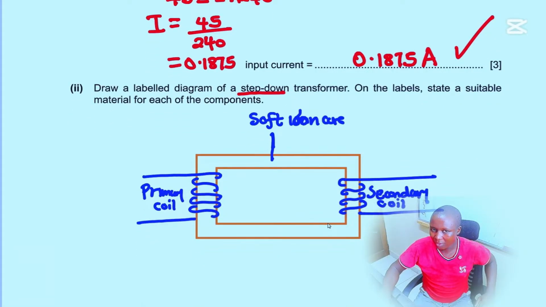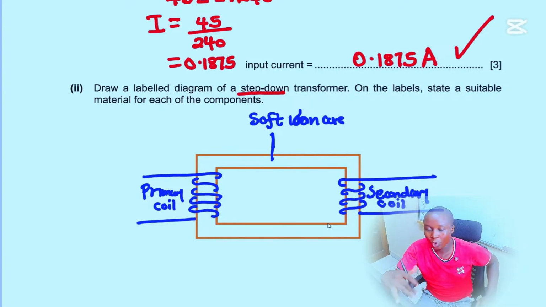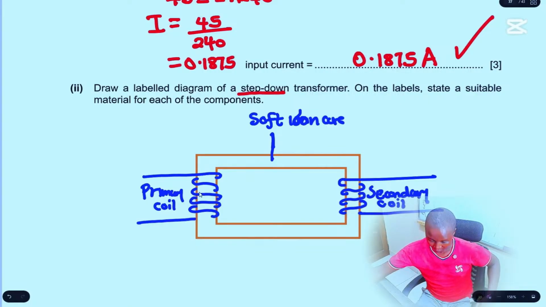Then we're supposed to draw a labelled diagram of a step-down transformer. A step-down transformer reduces voltage, so the number of turns in the secondary coil will be less than the number of turns in the primary coil. You can see here, I've drawn it in such a way that we have more turns in the primary coil than the secondary coil. And then we have a soft iron core.